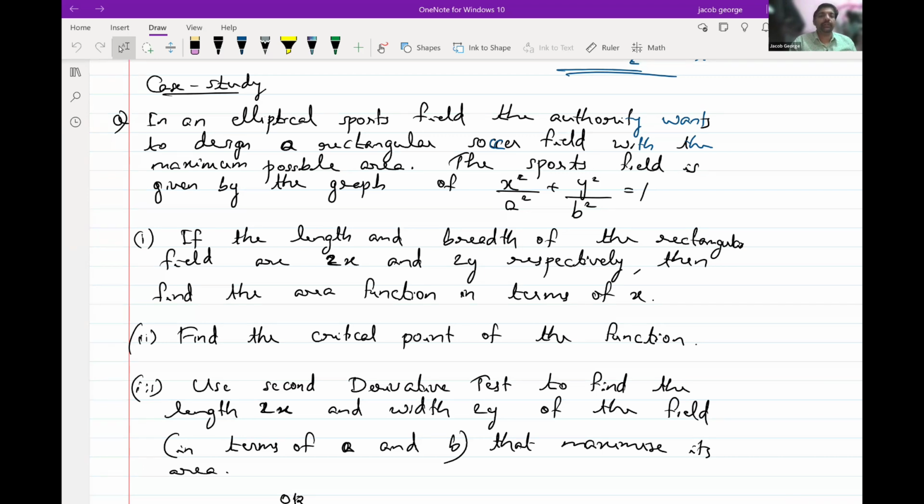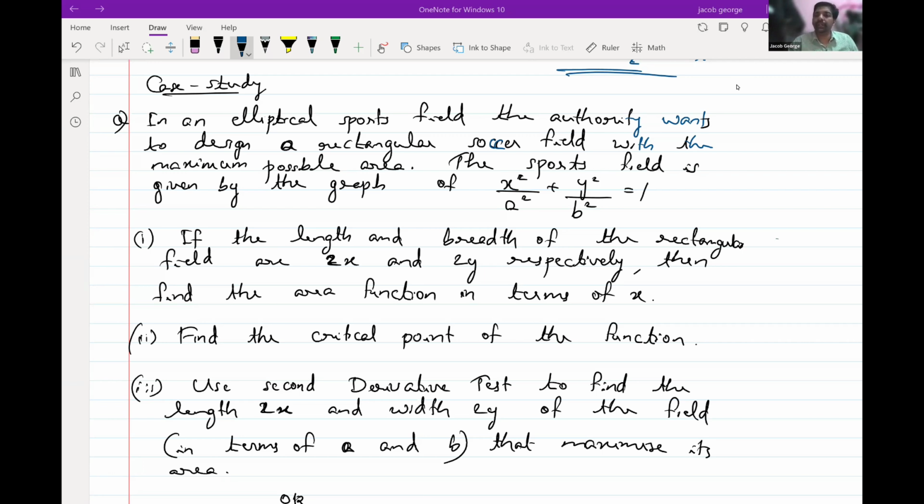Then there are three subdivisions. Subdivision 1: if the length and breadth of the rectangular field are 2x and 2y respectively, find the area function in terms of x.